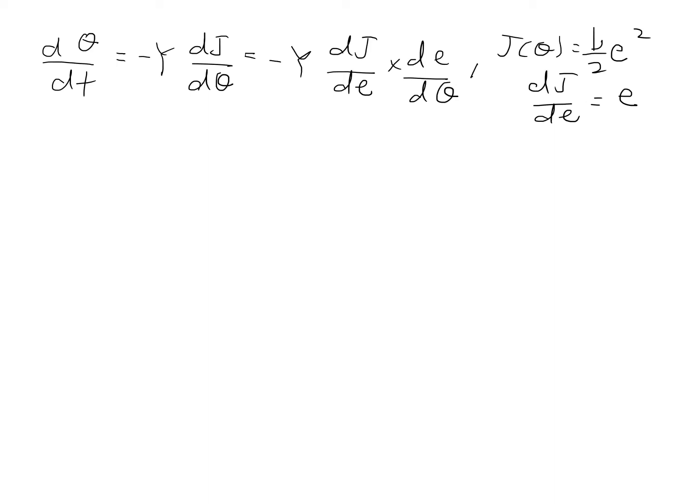So substituting in the equations, we get negative γ e times de/dθ. Here γ is the value to be selected later.